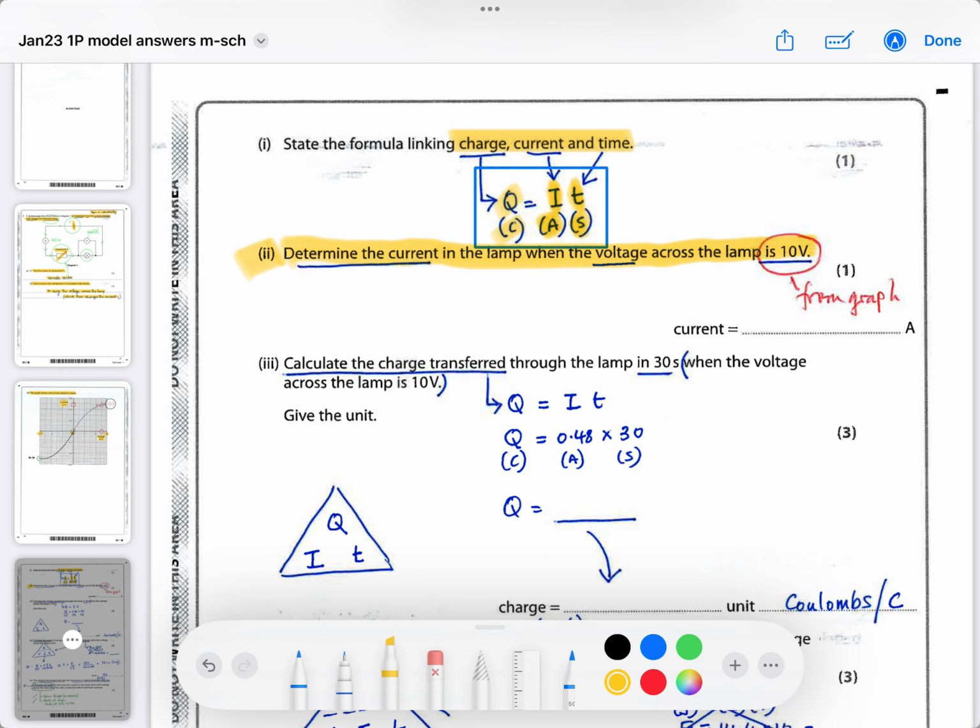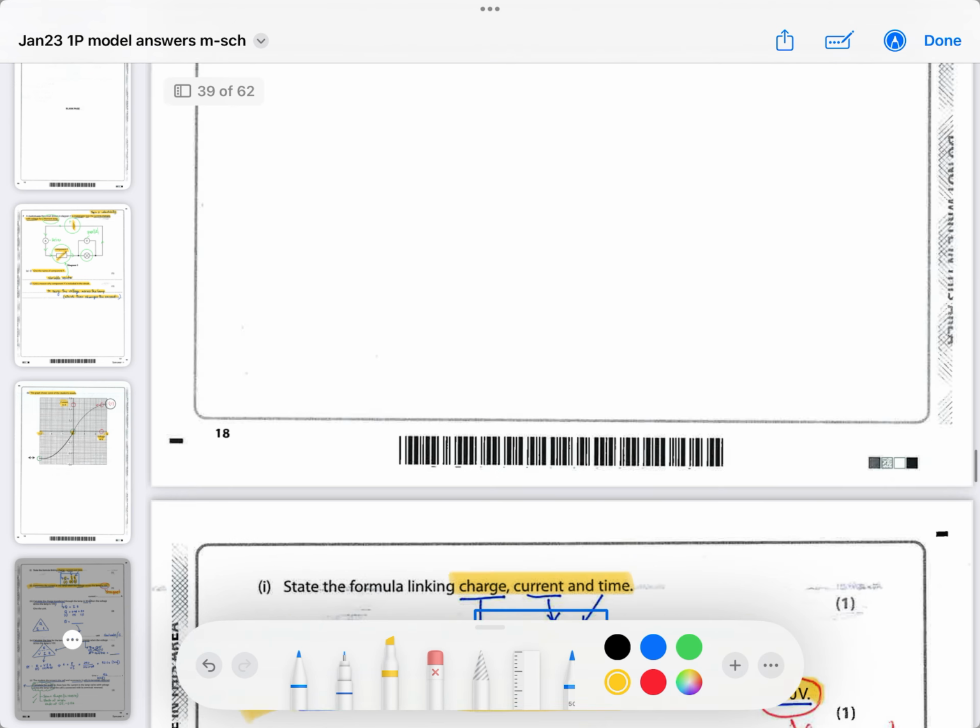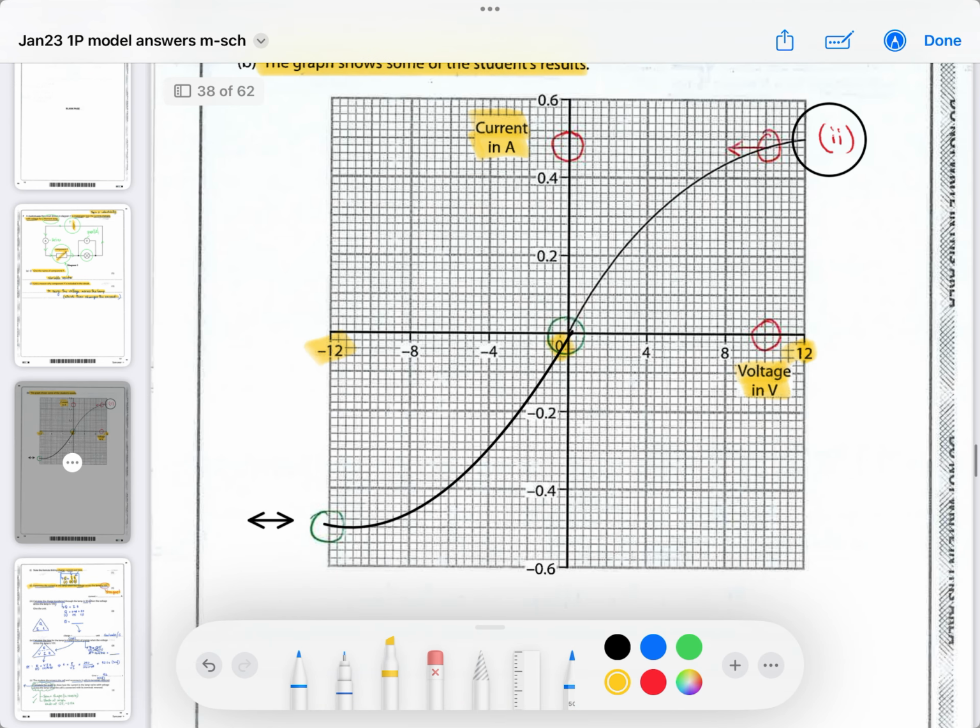Yes? So you've got to do that from the graph. Okay, so you've got to go to the graph and look for 10 volts. And 10 volts is where I've labeled it here. There's your 10 volts. So you've got to draw a ruler up there.